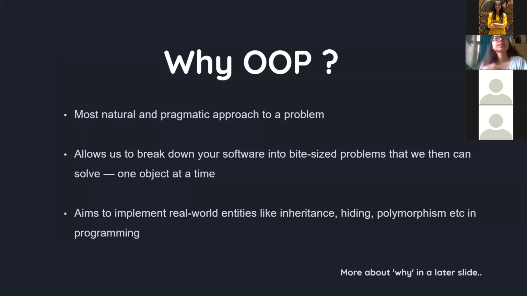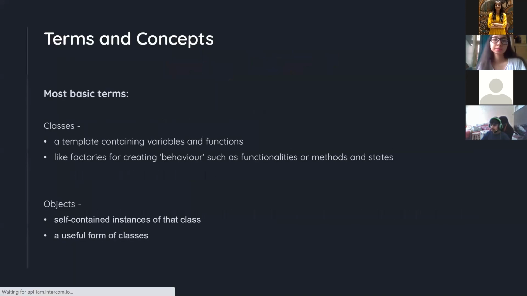In my college, I'm a student. At home, I'm a daughter to someone, a sister to someone, a friend to someone else. So we see inheritance, hiding, polymorphism, and what we study in object-oriented programming in the real world. So it aims to implement the real world entities that we see around us. And we'll talk more about why object-oriented programming in a later slide as well.